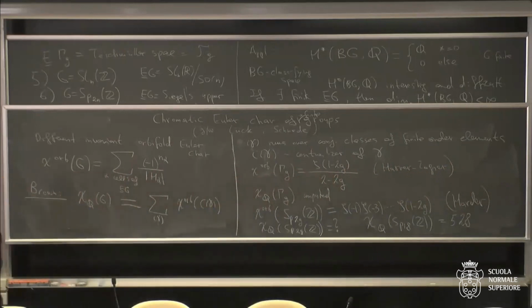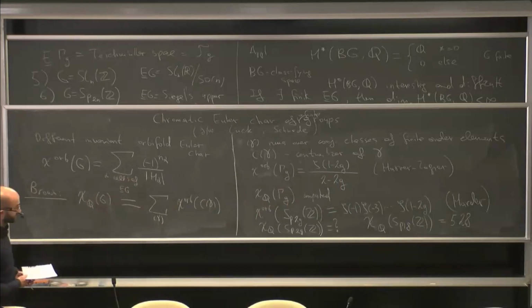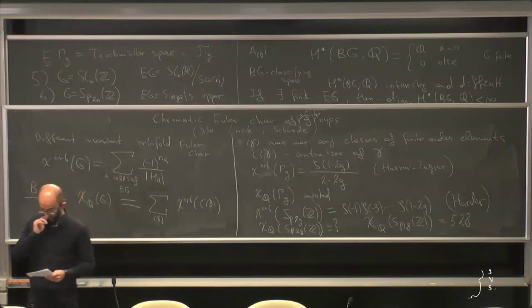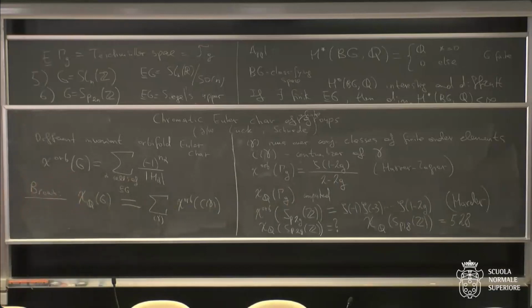This uses Langlands program, basically. I think it does use Arthur's trace formula, which is one of the things they use in arithmetic geometry. So as you see, I told you now the classical story.